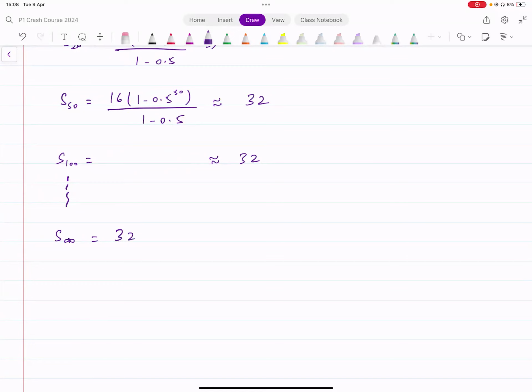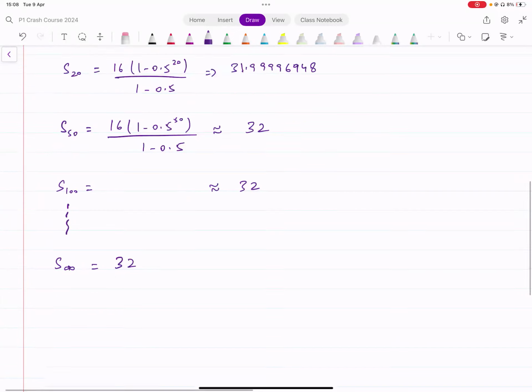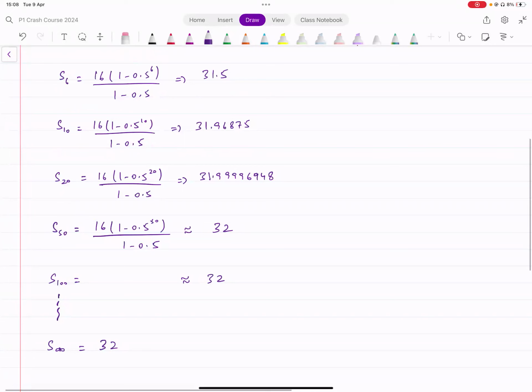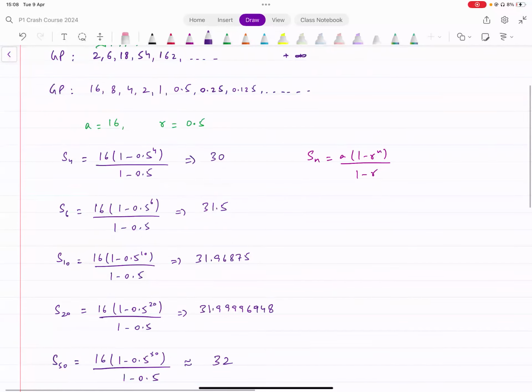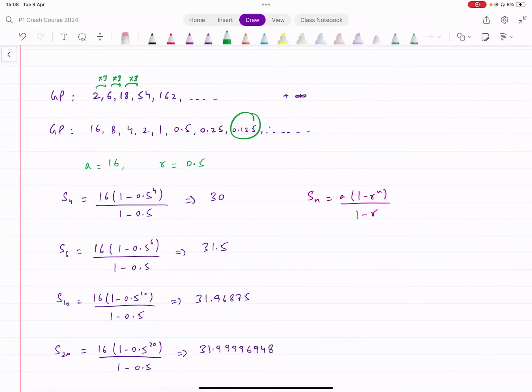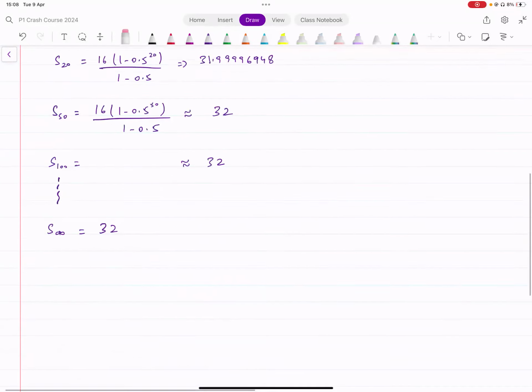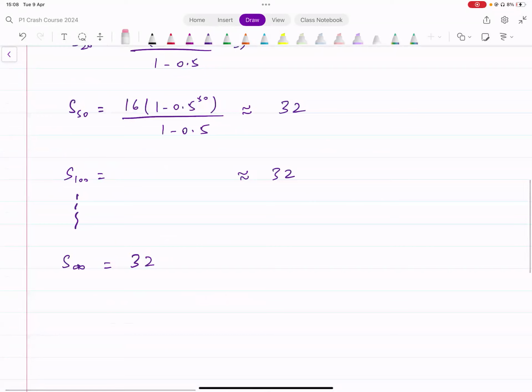We can look at the pattern already. When we're adding a relatively large number of terms, the terms after this point are going to be very small. At some point, they're going to be like 0.0000 something. They're not going to make much difference to the sum. Eventually, the sum of all of them is going to turn out to be 32.